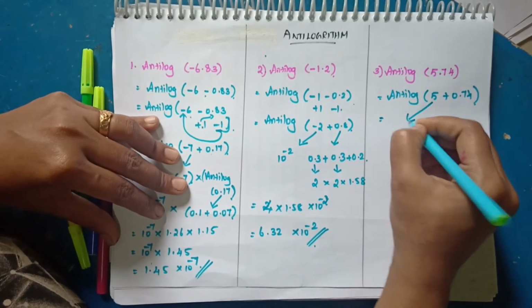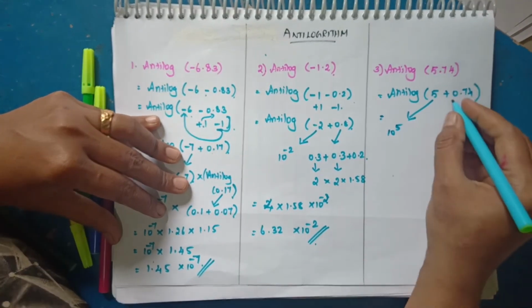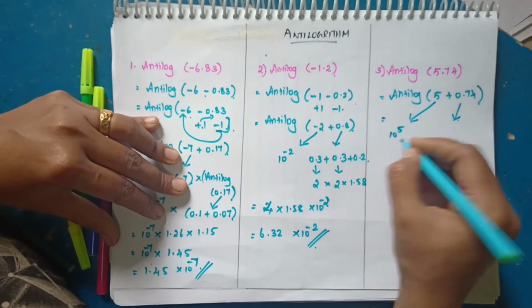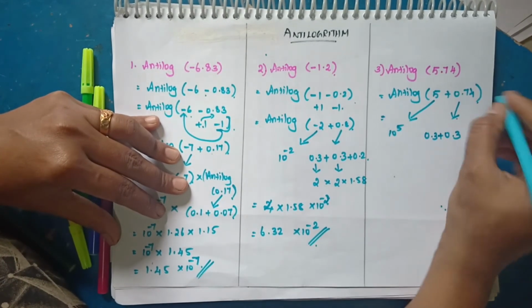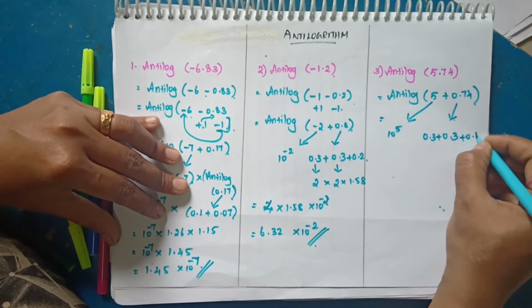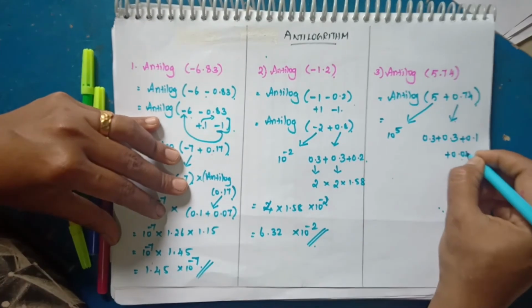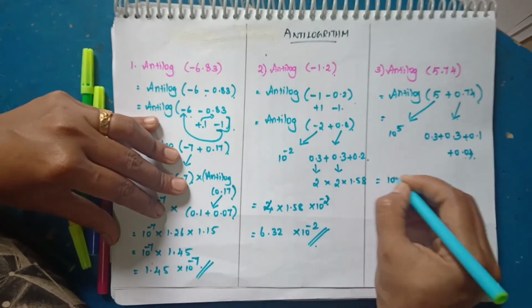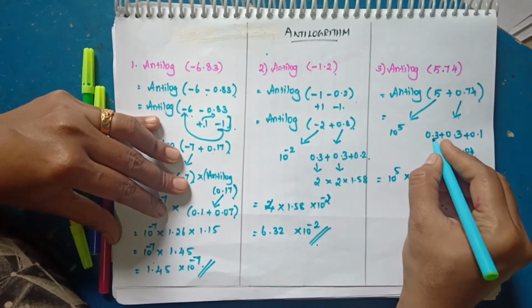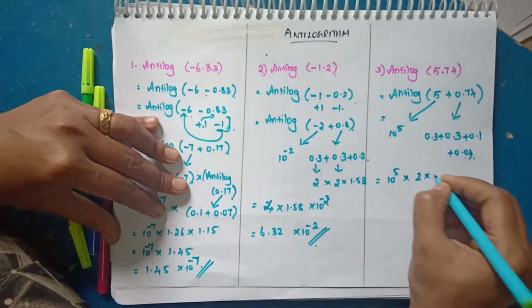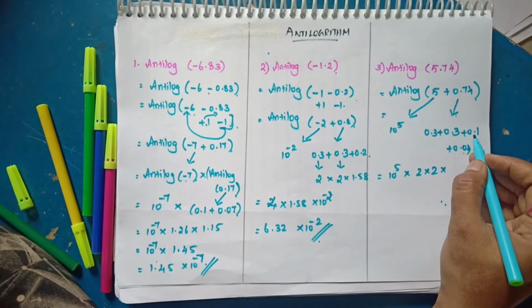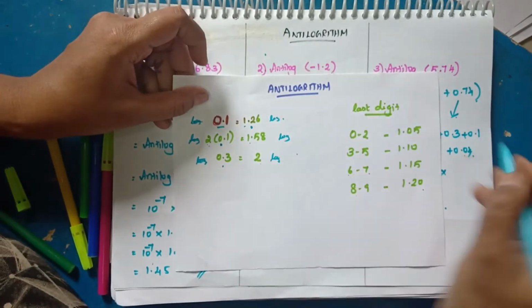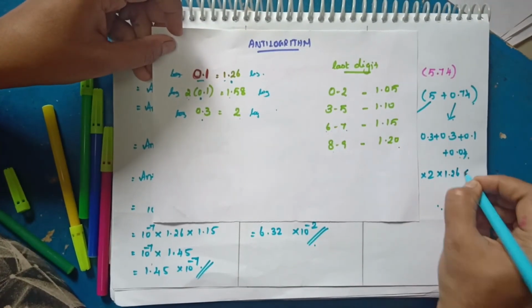This 5 directly will go as 10 power 5, and 0.74, how will it go? 0.3 plus 0.3, 0.6 it is over, plus 0.1 plus 0.04. So it will change as 10 power 5 into 2, again 2 into, again 0.1. So 0.1 means what will be the value? 1.26.